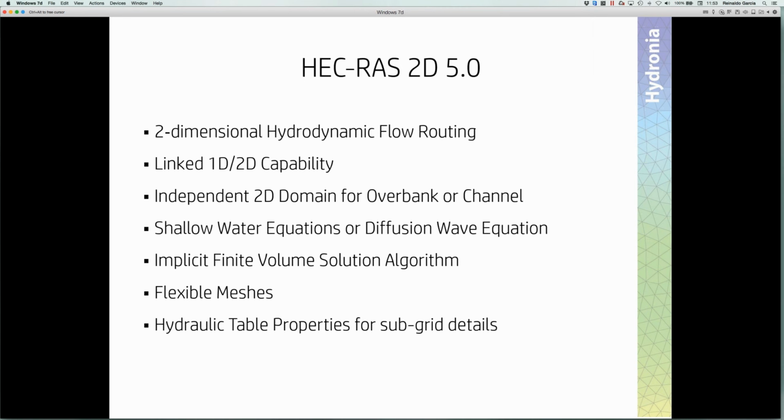It uses an implicit finite volume solution algorithm. It also uses flexible meshes with a wide variety of elements that you can use. You can use elements with different numbers of sides, six sides, for example, or squares, also structured meshes if you want. You can mix and match these elements.